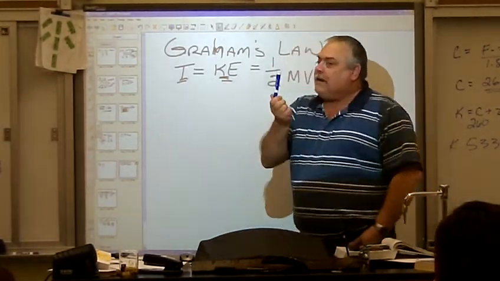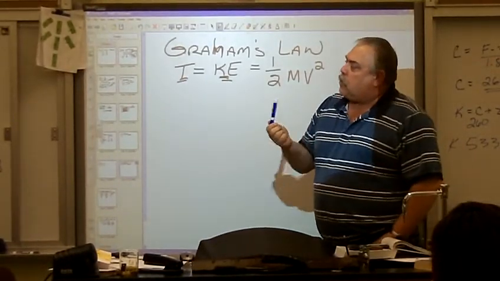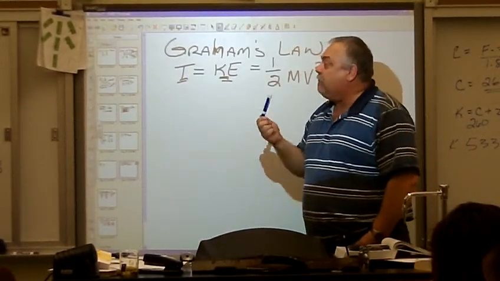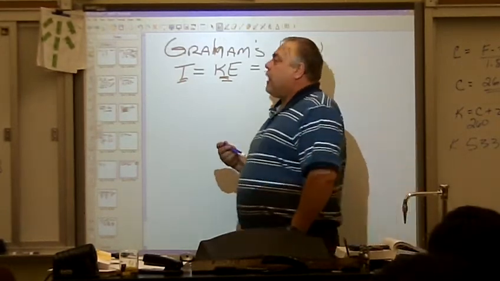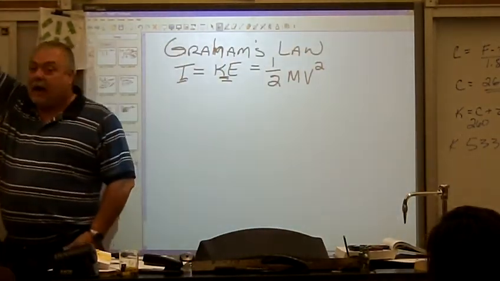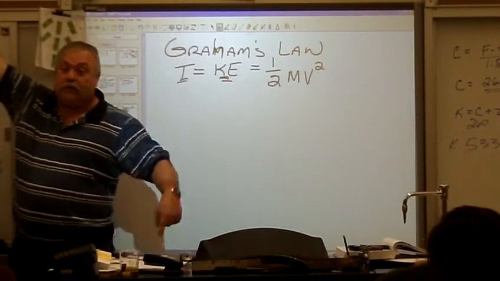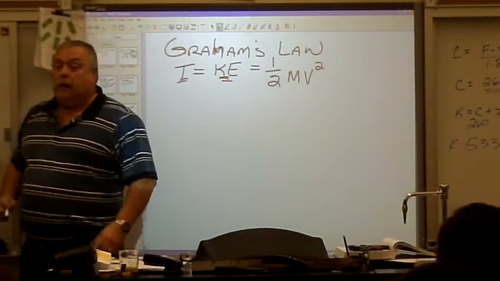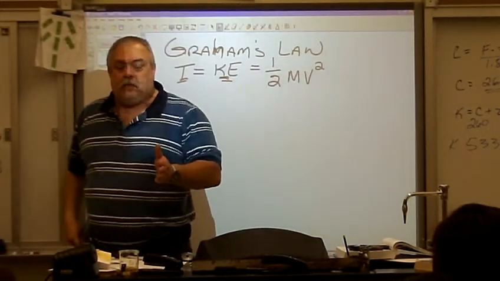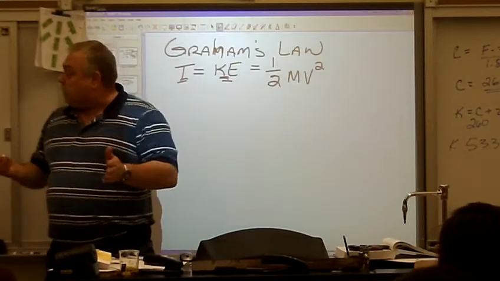Now, if I wanted this marker to cause the same amount of damage, will I hold it at exactly the same height above your head as I did those staples? No, because I need more velocity. Very good.